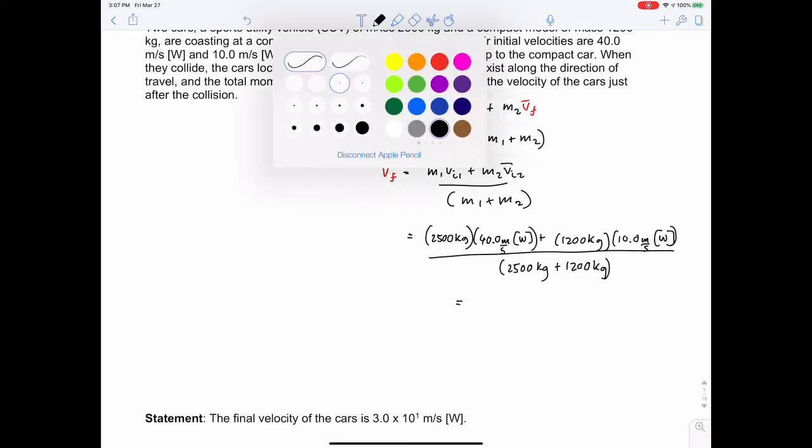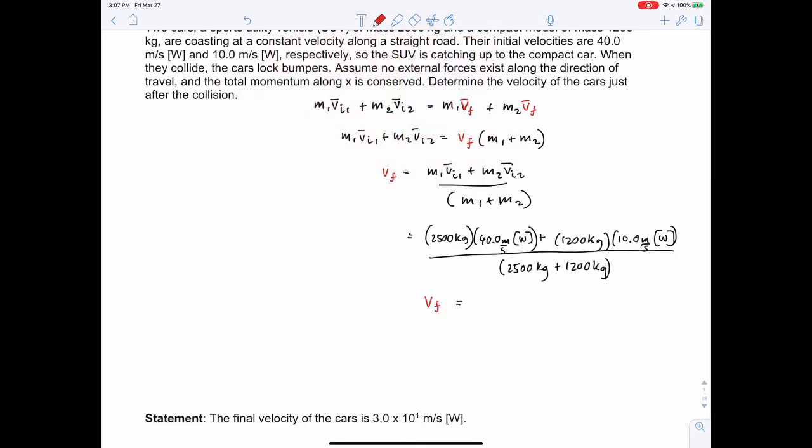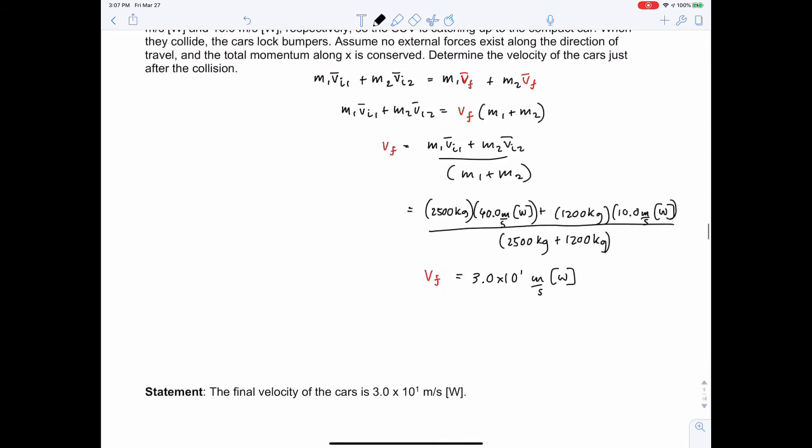If we punch this into our calculator, we'll get a final velocity of the two cars stuck together. We get 3.0 times 10 to the power of 1 meters per second west. Therefore, the final velocity of the cars is 30 meters per second west.